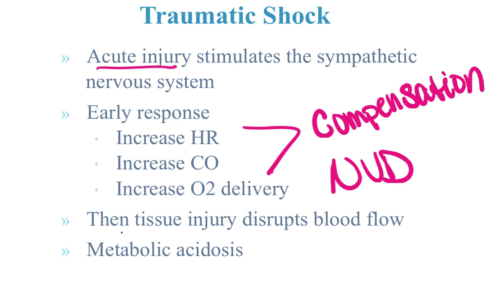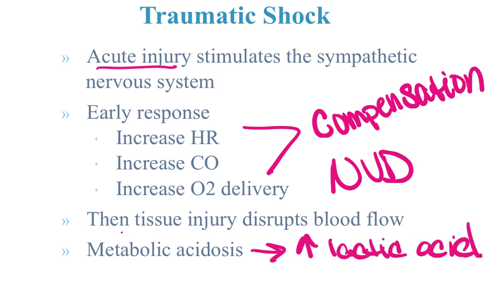The metabolic acidosis is happening because we have an increase in lactic acid. Okay, lactic acid. So it's going to be an even bigger issue. We're going to have more problems if we have involvement of the heart and the lungs. So severity is going to depend on what tissues are involved and how many injuries we have.